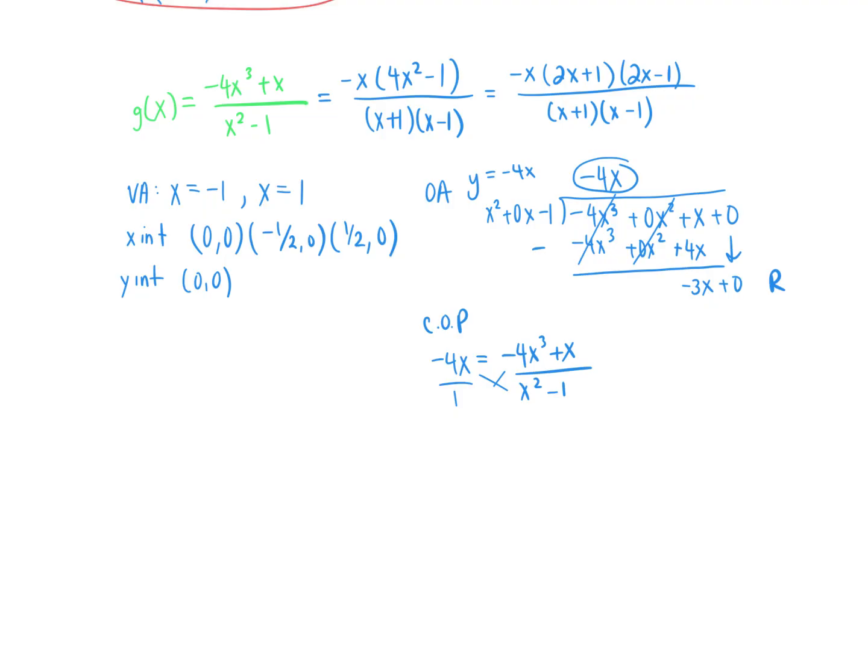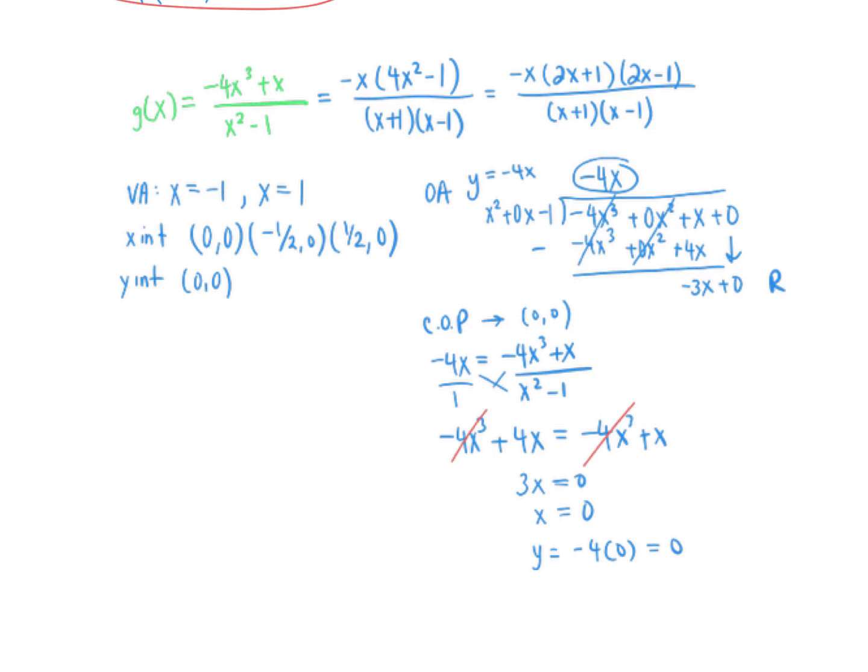Negative 4x times x squared, negative 4x times negative 1, and that's equal to the numerator times 1. And now the negative 4x cubes cancel out, and when I bring the x over to the other side, I'll have 3x equals 0, which means x equals 0. And if I set x equal to 0 in that oblique asymptote, it's the origin, so our y-intercept is a crossover point.